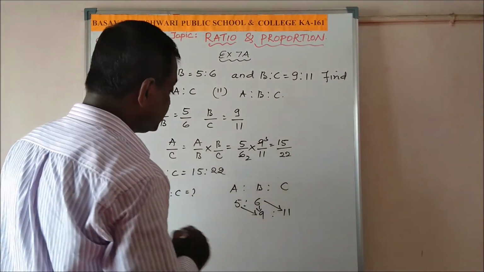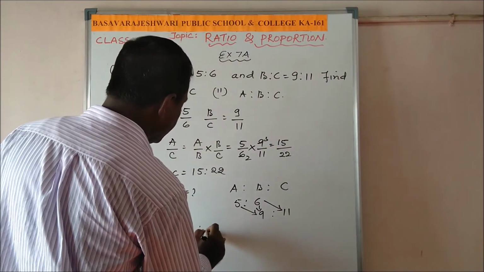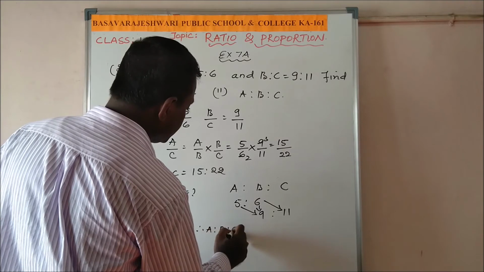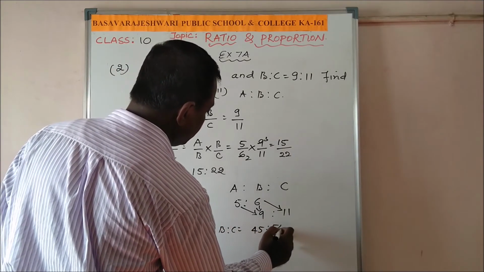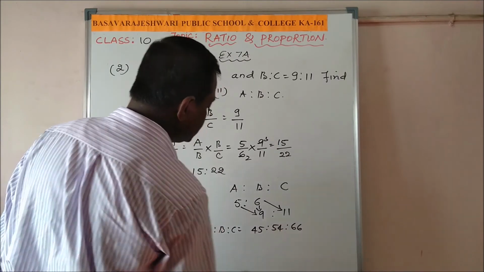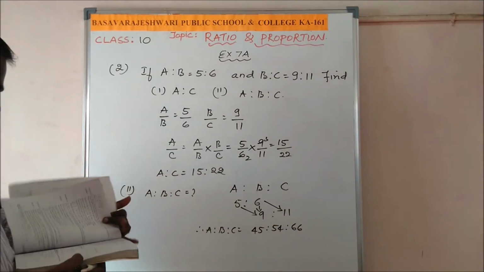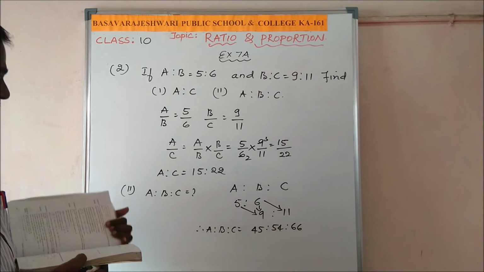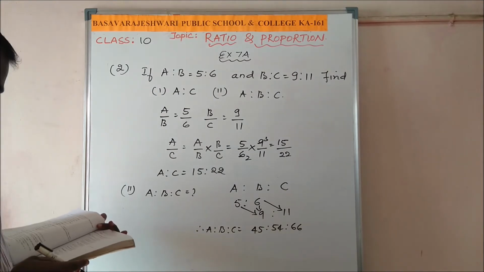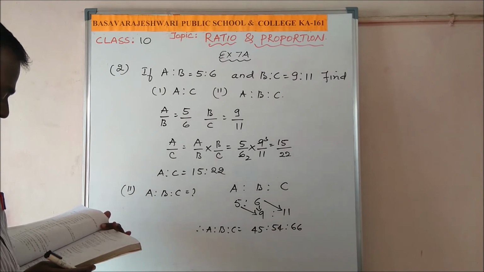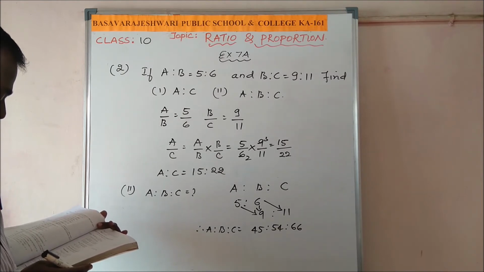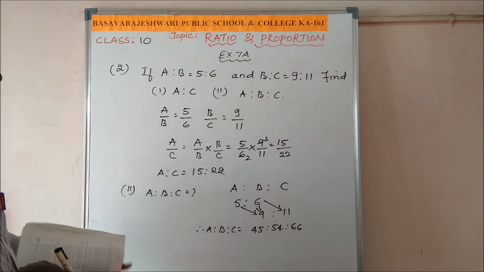A is to B is to C is equal to 45, 54, 66. That is 45 is to 54 is to 66.